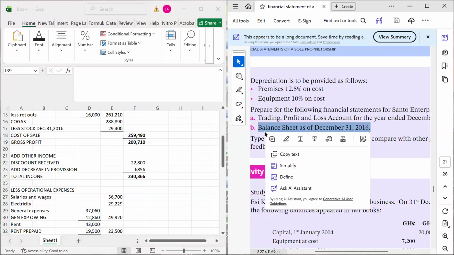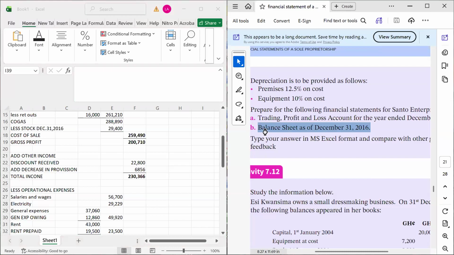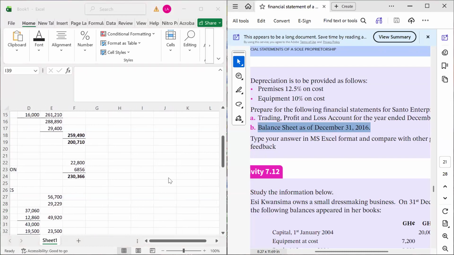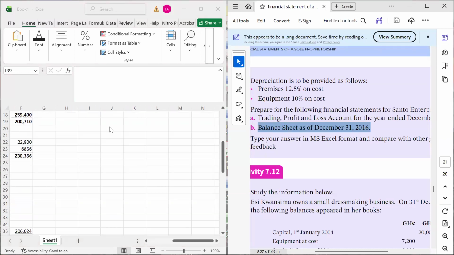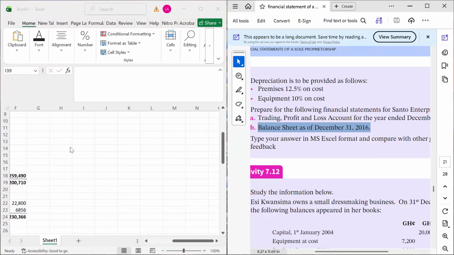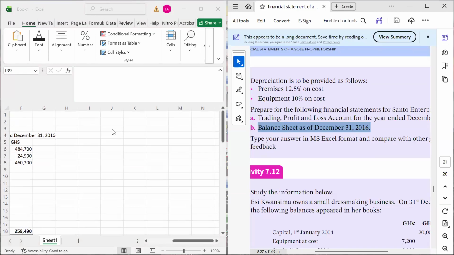So even if you are copying, remember that I told you it's as at. Then the balance sheet, let's do the balance sheet at the side, which is the B part of the question. This is B.